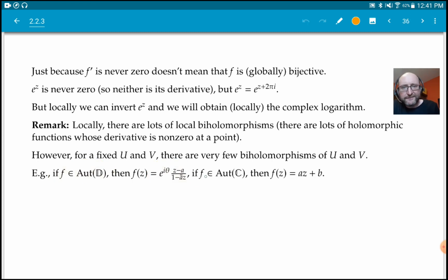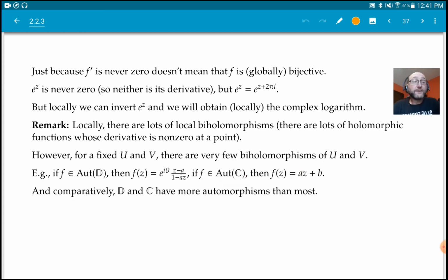Similarly, if it's an automorphism of C, then it's always of this form, where A is non-zero and A and B are just complex numbers. It looks like there's a lot, because you can vary these constants, but that's very few.